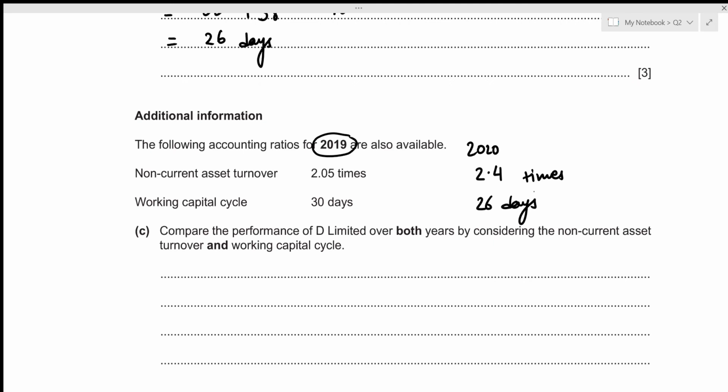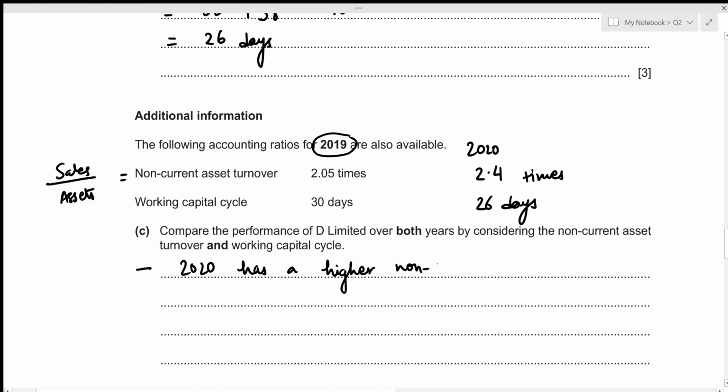And we know that non-current asset turnover is just the sales divided by assets, and this just means the efficiency of assets in generating the sales, right? So if the non-current asset turnover is higher for the year 2020, what we can say is that the assets are more efficient in the year 2020 in order to generate revenue. Let's write it down. 2020 has a higher non-current assets turnover than 2019.